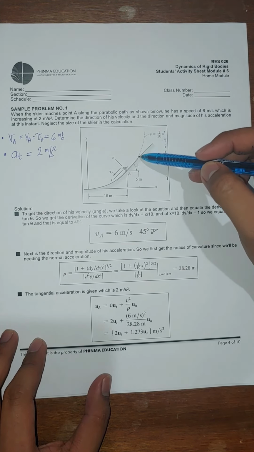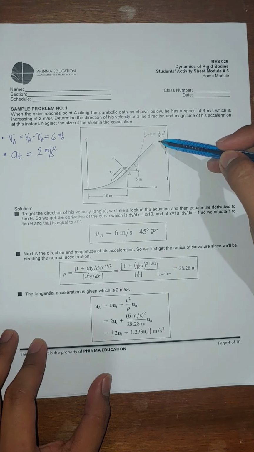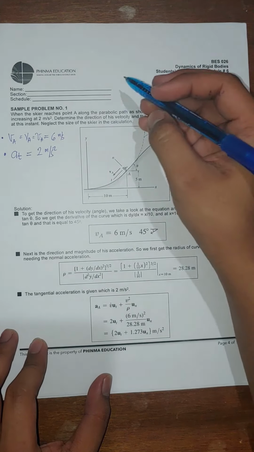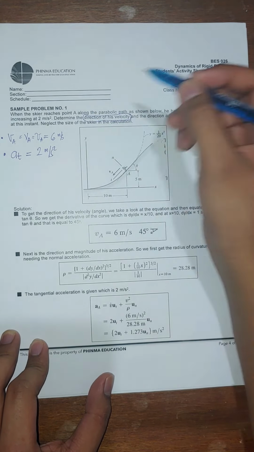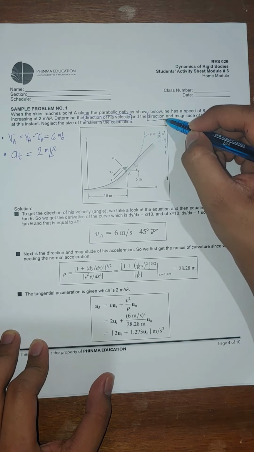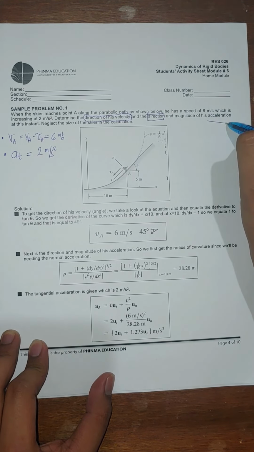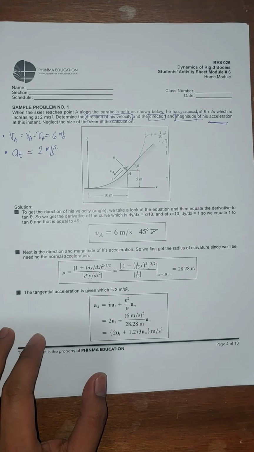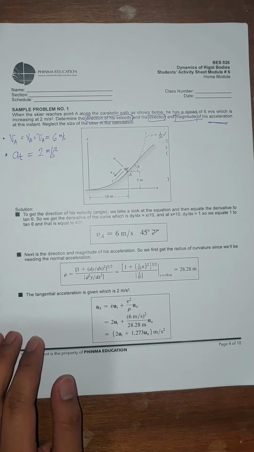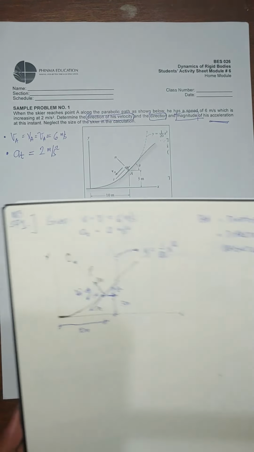This is the curve, and we have the equation y is equal to 1 over 20x squared. So we have three problems: the direction of velocity, the direction of the acceleration, and the magnitude of the acceleration. We can do this easily. Okay?